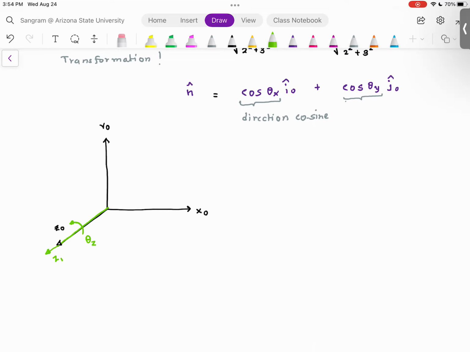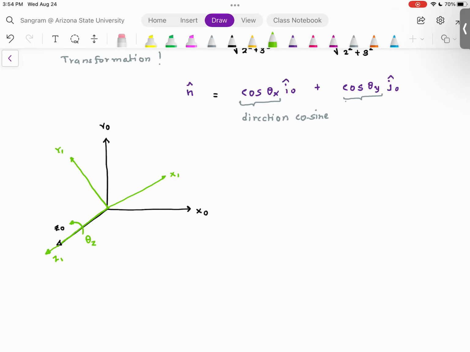Do you agree with me? However, my new x1 axis will be somewhere here. And again, its perpendicular brother is going to be here. You agree with me? This is how it's going to be, x1 and y1.